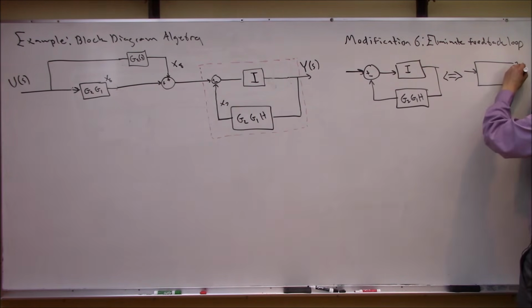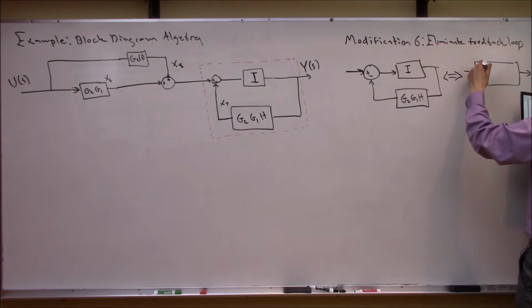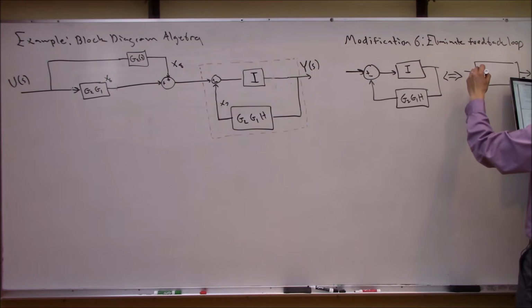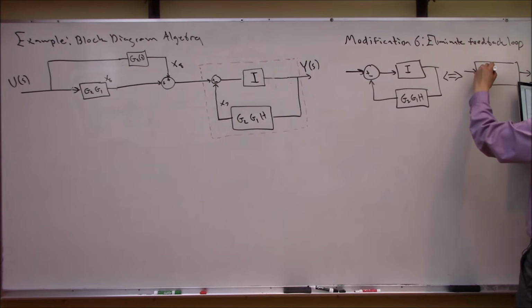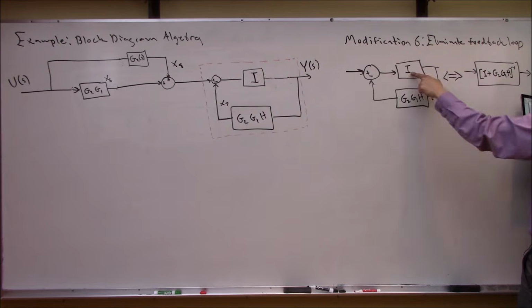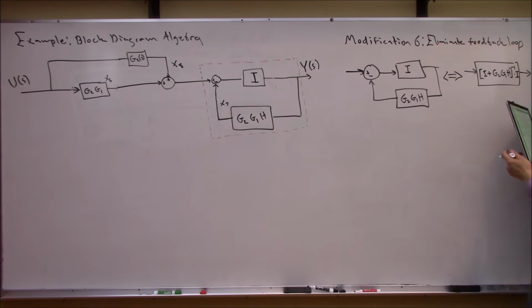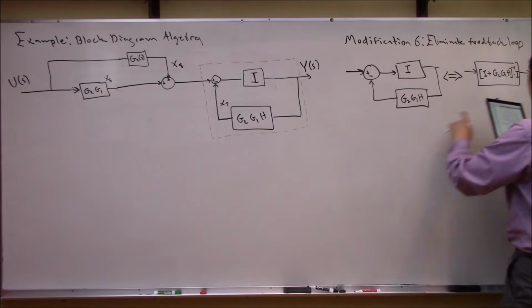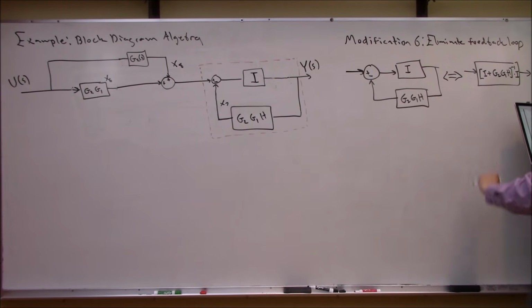So in other words, using the feedback mechanism, this is just going to be the identity plus G2, G1, inverse times the identity, times 1. Great, so we can replace this entire thing by this single block.